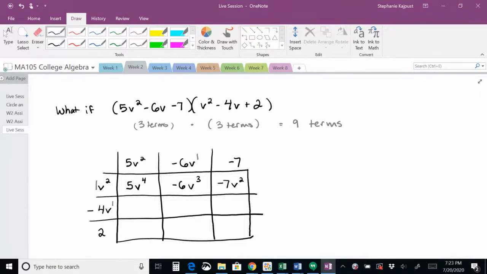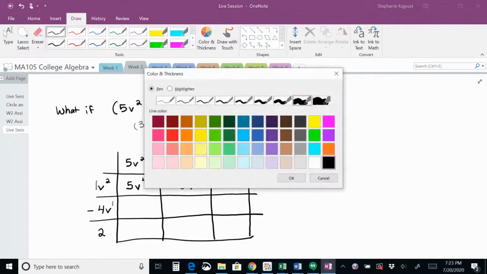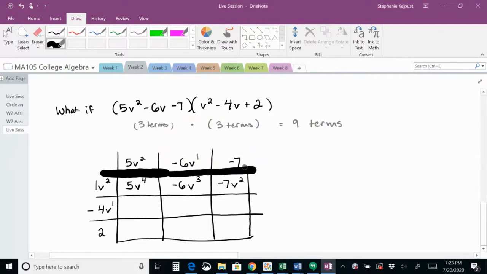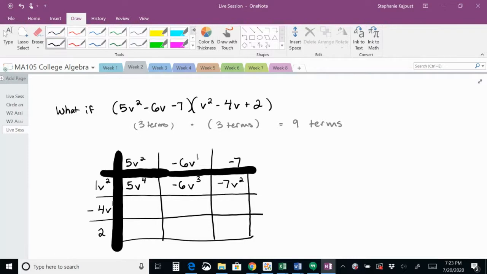And I'm going to make this line much thicker here so it looks a little, oops, might be too thick. But I want to make sure it's really obvious where my table is because otherwise it might get confused. Okay, so once you have the first row, then you're going to take the second row and then you're going to repeat the same process.